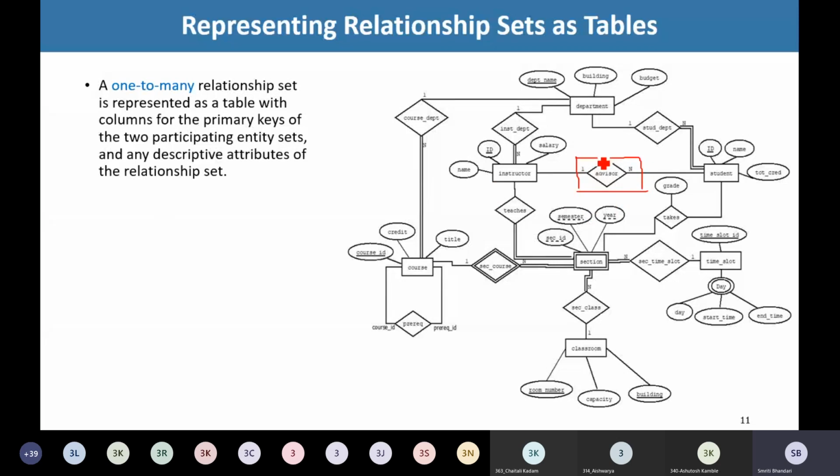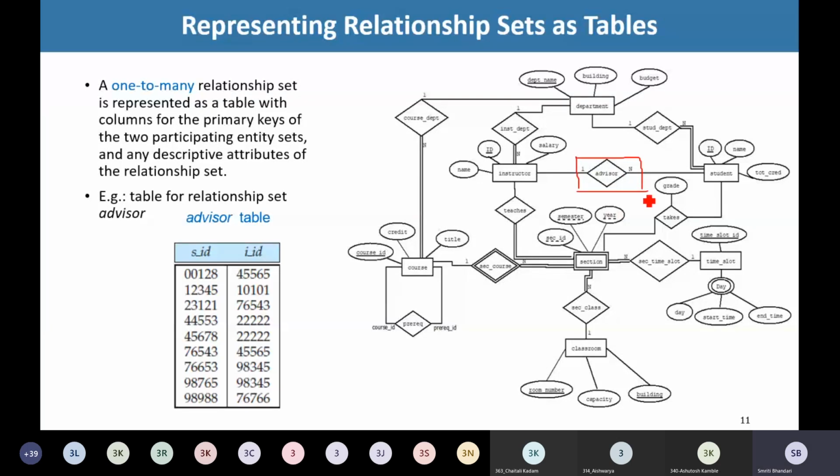Now, as I stated, every relationship will also have an associated table. If I want to convert this relationship set into a tabular form, how am I going to convert it? See here, this relationship set will have the primary keys of the participating entity sets.